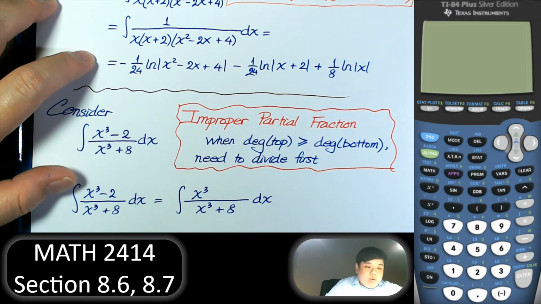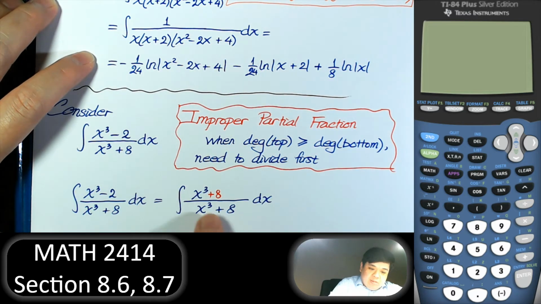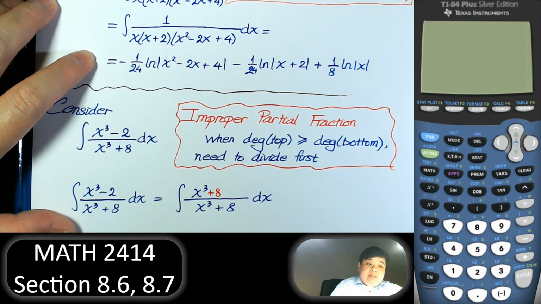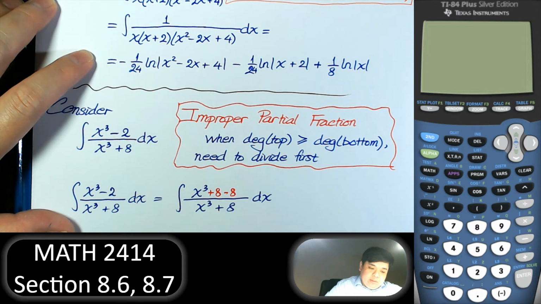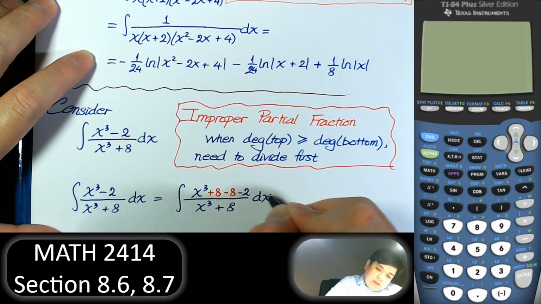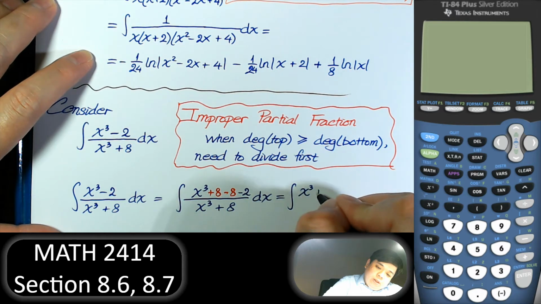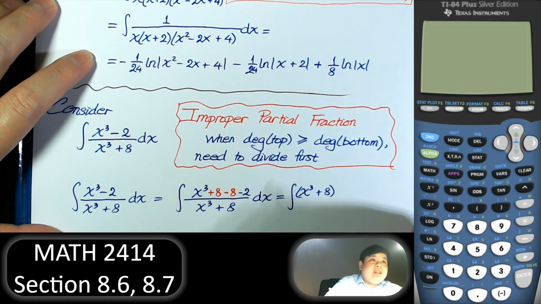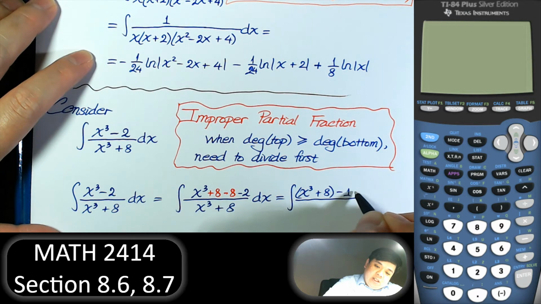Since we have x cubed plus 8 at the bottom, why don't we make it on the top? And if we have that, we cannot just add 8 without subtracting 8. So we have x cubed plus 8, just keep that in the parentheses by itself. And then minus 8 minus 2 is minus 10. So this is as good as dividing them.